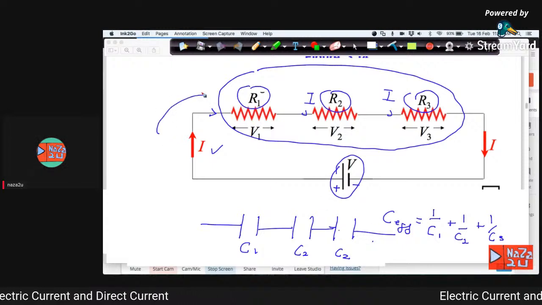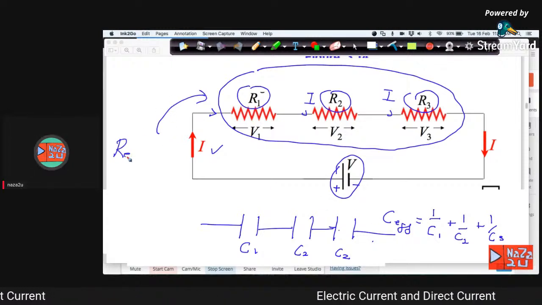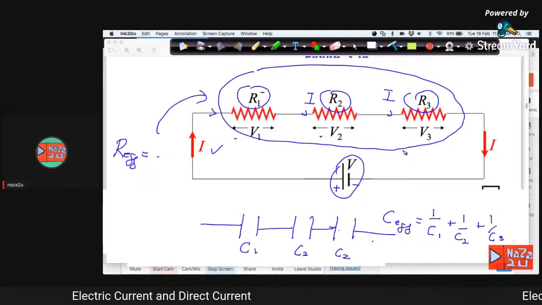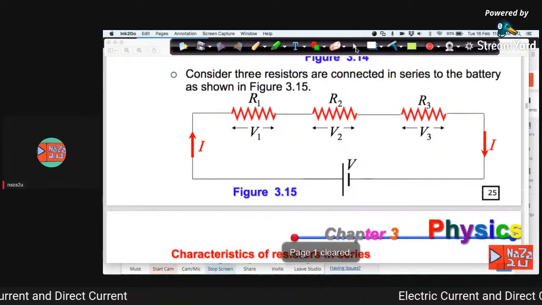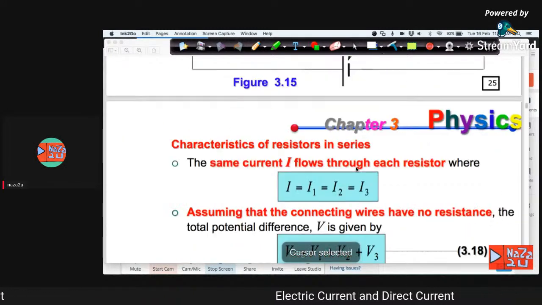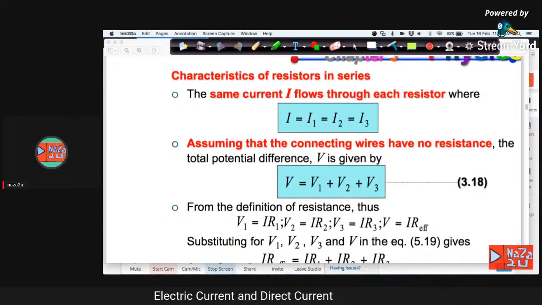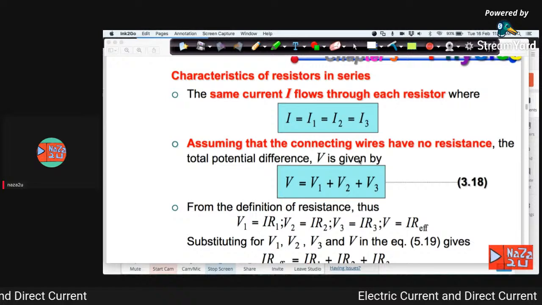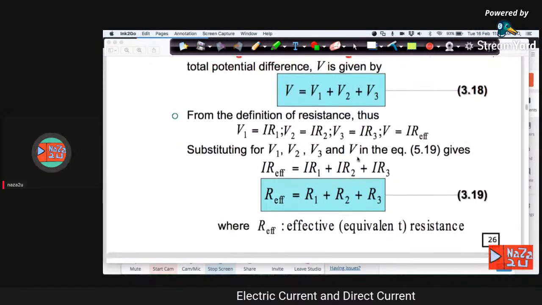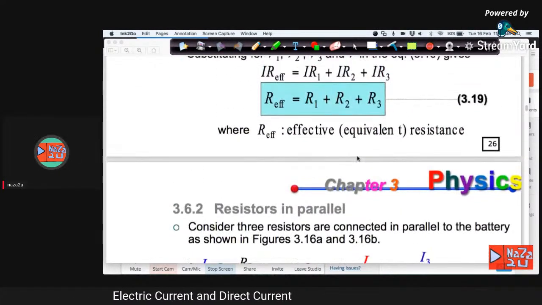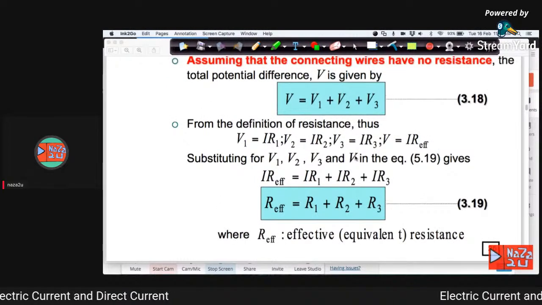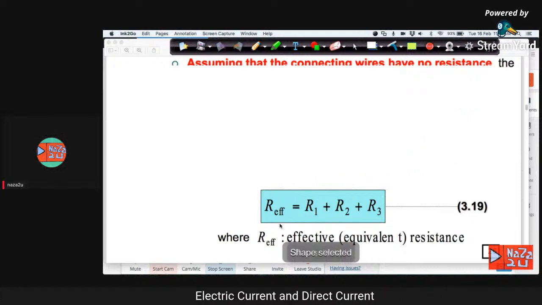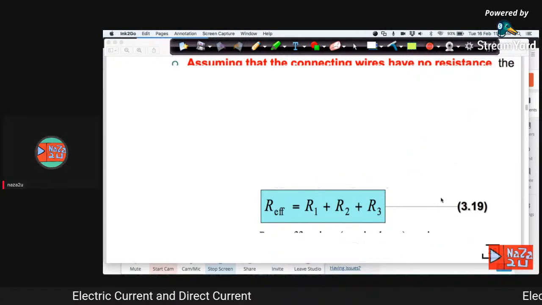And what happens to the effective or total resistance of the resistors? We have 3 resistors here. So this is a mathematical process to find the effective resistance. So saya nak bermula di last kali. So if you look at the equation here, so this is the last equation ataupun satu persamaan yang ringkas.